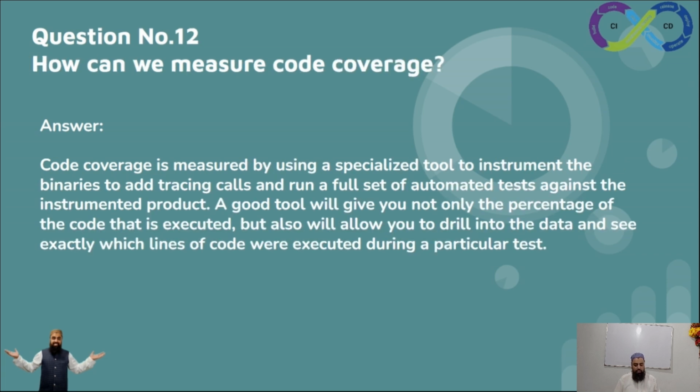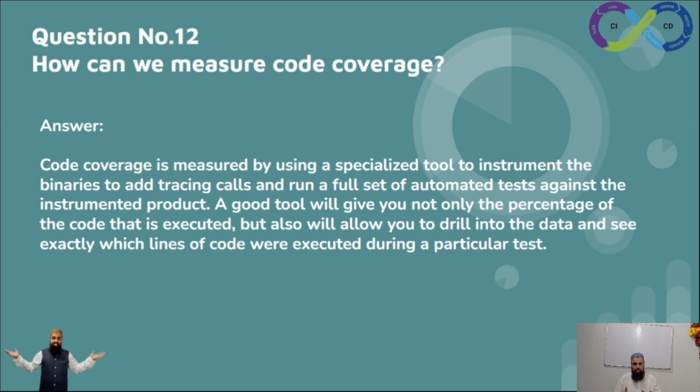We have questions regarding SonarQube as well. How can we measure the code coverage? Code coverage is measured by using a specialized tool to instrument the binaries, adding tracing calls, and running a full set of automated tests against the instrumented product. A good tool will give you not only the percentage of the code that is executed, but will also allow you to drill into the data and see exactly which lines of code were executed during a particular test.